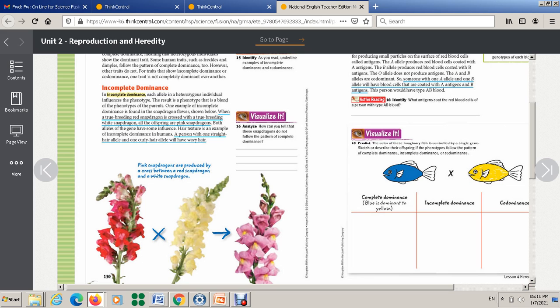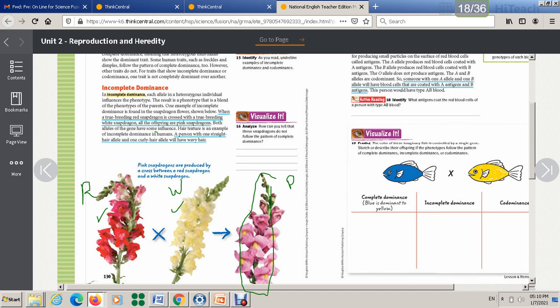These are the parents: one of them is red, the other one is white. When a true-breeding red snapdragon is crossed with a true-breeding white snapdragon, all the offspring will be pink. Both alleles of the gene have some influence.